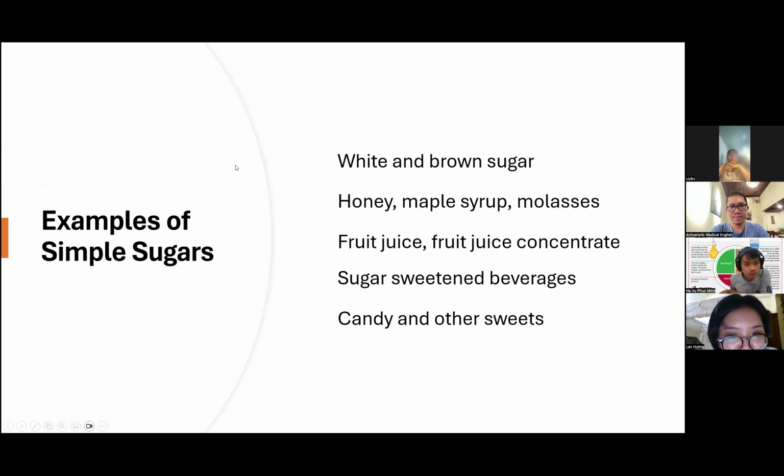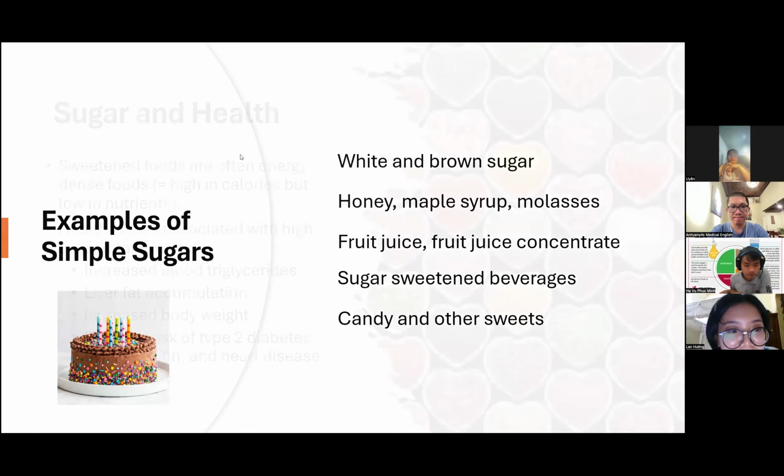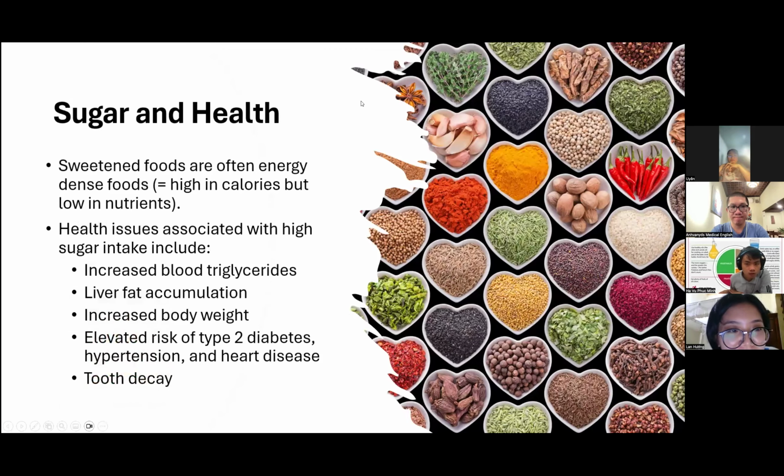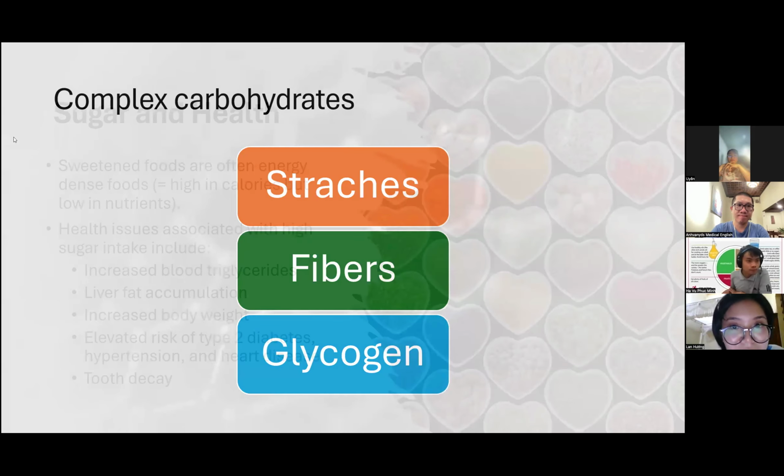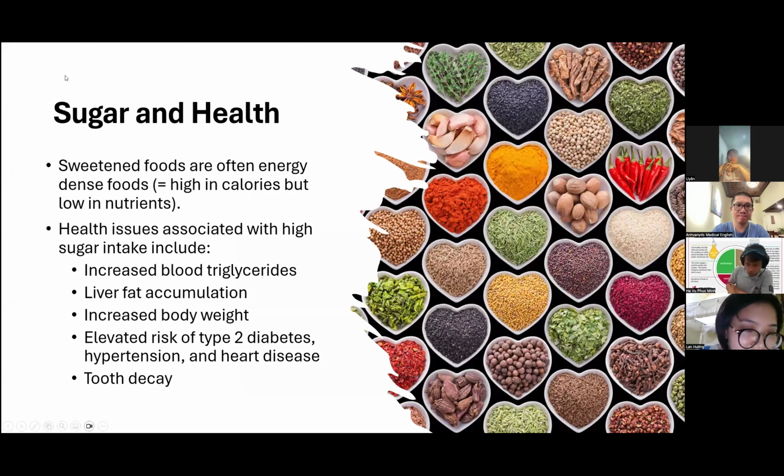So how does simple sugar affect health? Sweetened foods are often energy-dense foods.